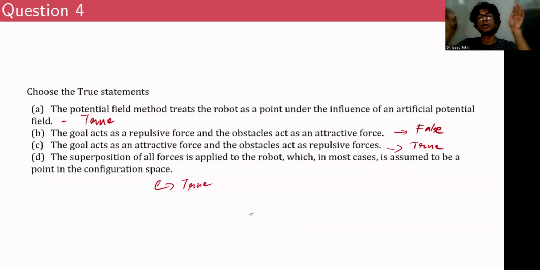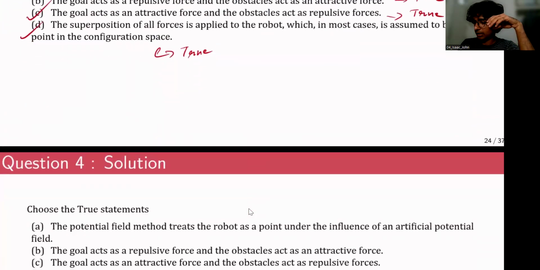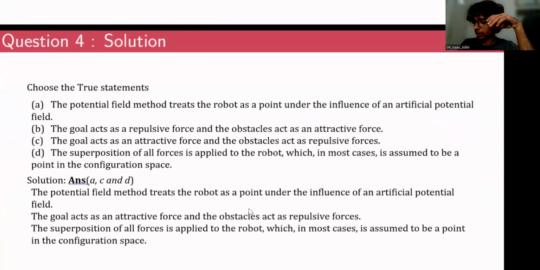That net resultant determines along which direction the robot should move next. So in this case, our correct options are option A, option C, and option D. We have 3 correct options. I hope that is fairly clear.